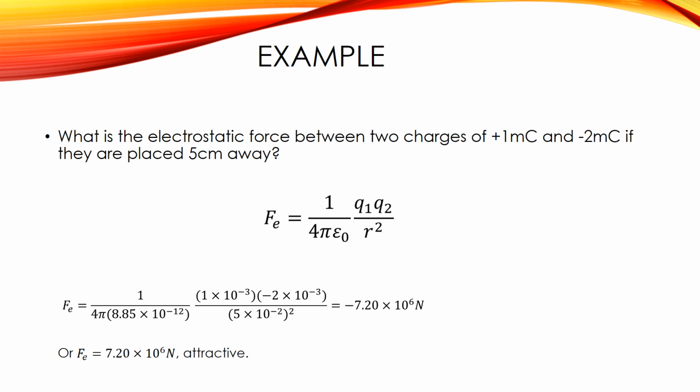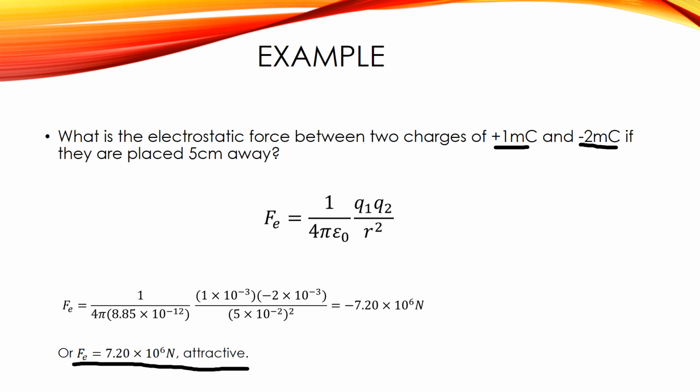By using the same example again, I want to illustrate the effect of the 1 over r square, the inverse square law. So previously we had this simple calculation, the two charges over here, how much is the strength of the force. We have the final answer to be Fe equals 7.2 to the power 6 Newton attractive.